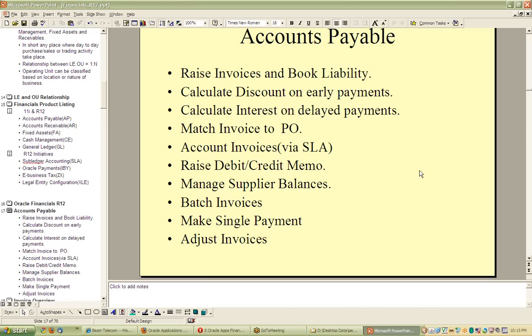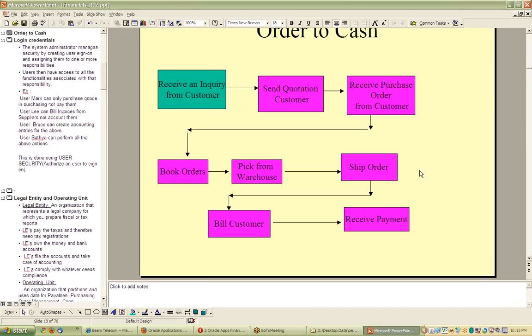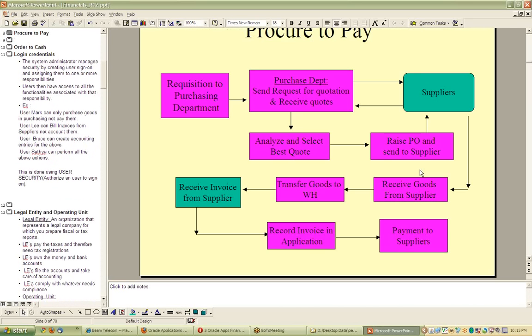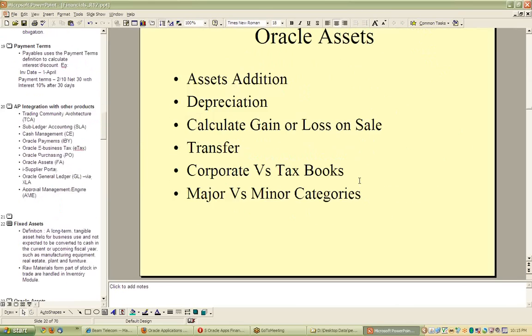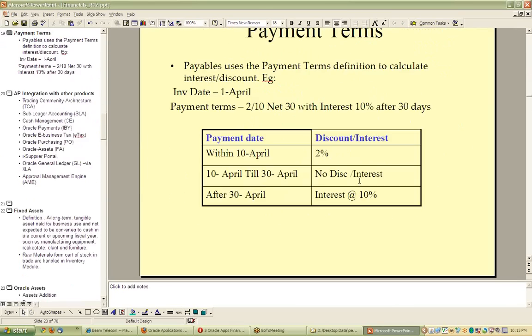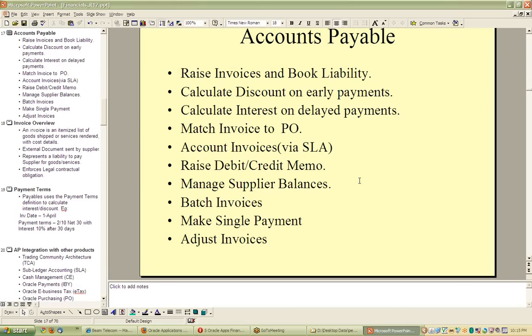So when I say PO and invoice matching, it's like this. In the Procure to Pay we saw that's a purchasing department and that's a payables department, right? So the person who is entering the PO is different from the person who is recording the invoice. Let's say at the time of PO you had requested 10 units of parts at 100 per unit.